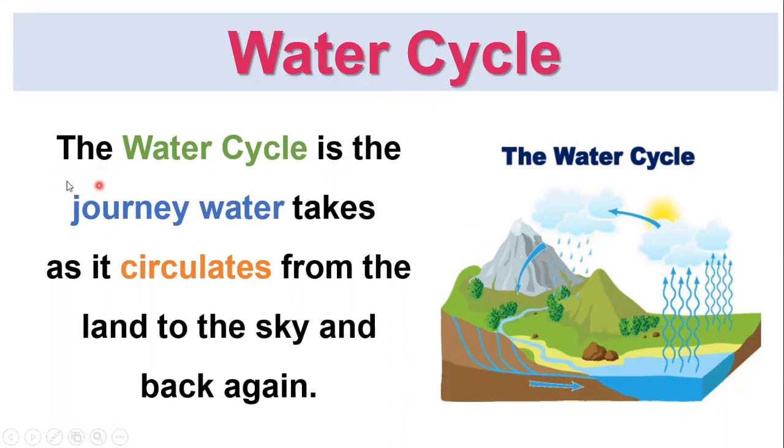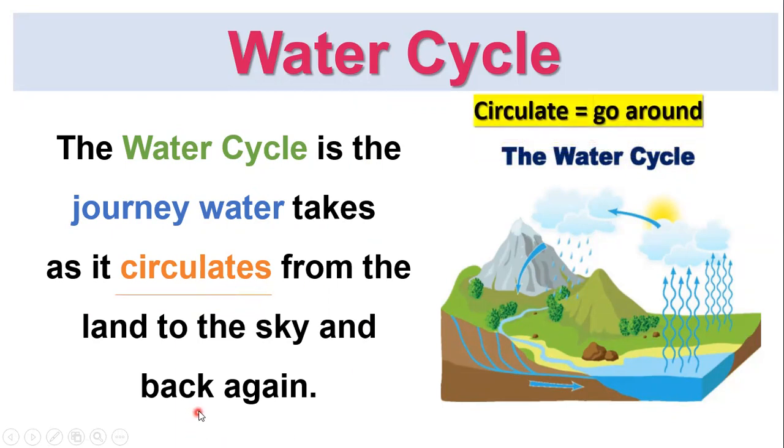Let's read this example. The water cycle is the journey water takes as it circulates from the land to the sky and back again. Circulate, which means go around. The sun heats water, then water turns into vapor.